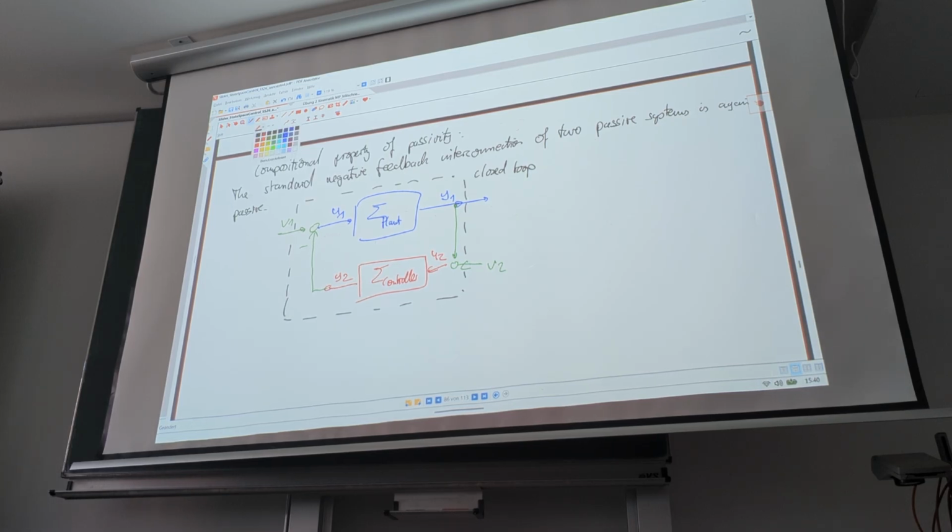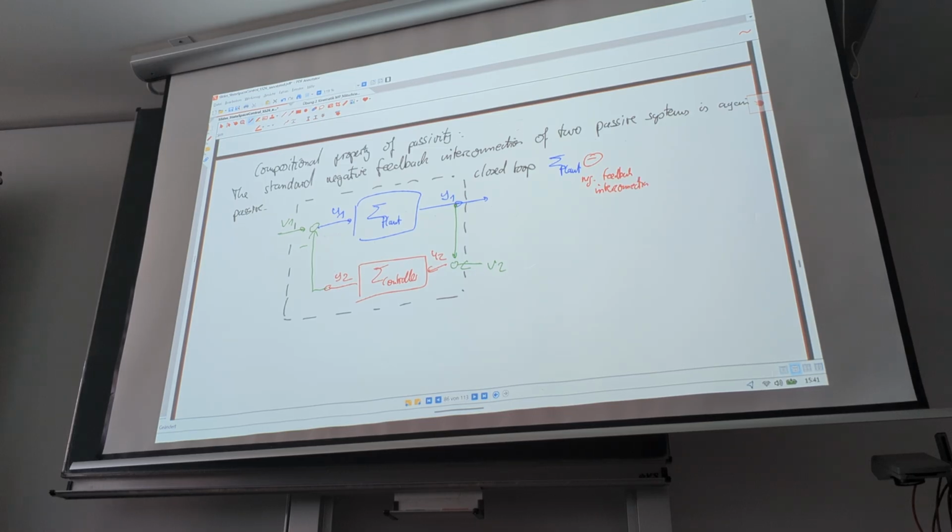Sigma plant, I take this symbol, this would be the negative feedback interconnection as a symbol.